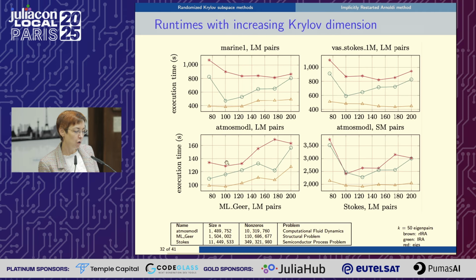If you pick a Krylov dimension of 100 you do well, but if you don't know and you pick 180, then you are going to be slower. The same here for the implicitly restarted Arnoldi method with our own implementation, and we see the same kind of behavior for this matrix, while the randomized version tends to be less sensitive because the orthogonalization process is quicker.